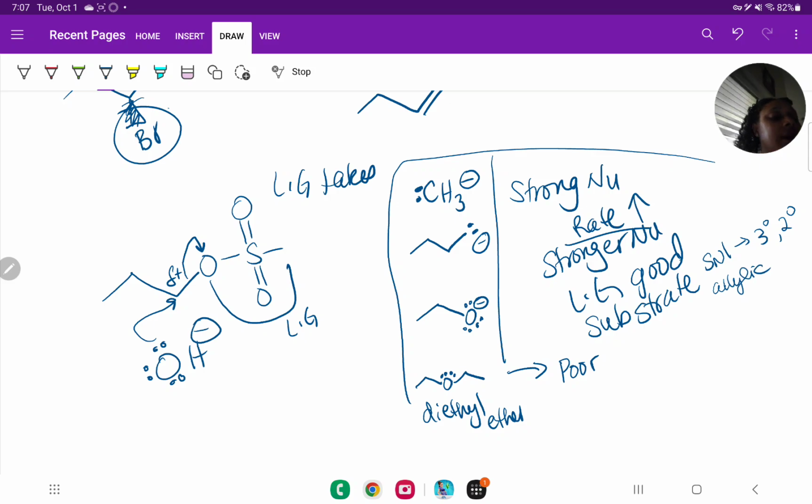Those are the more stable. Actually, allylic and benzylic are the best. For SN2, the better substrates, the faster ones, are going to be methyl, primary, and secondary.